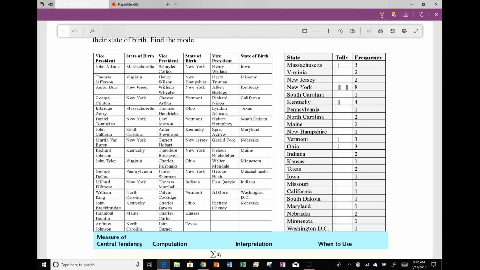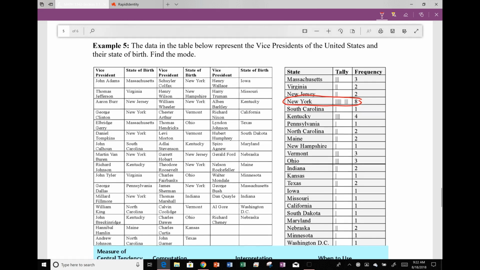This gives me a quick look at the number of vice presidents born in each state. So if I look here, 8 is my largest. It is the one that occurs more often than any of the others. Therefore, the mode is New York. New York was the birth state for the most vice presidents of the United States.